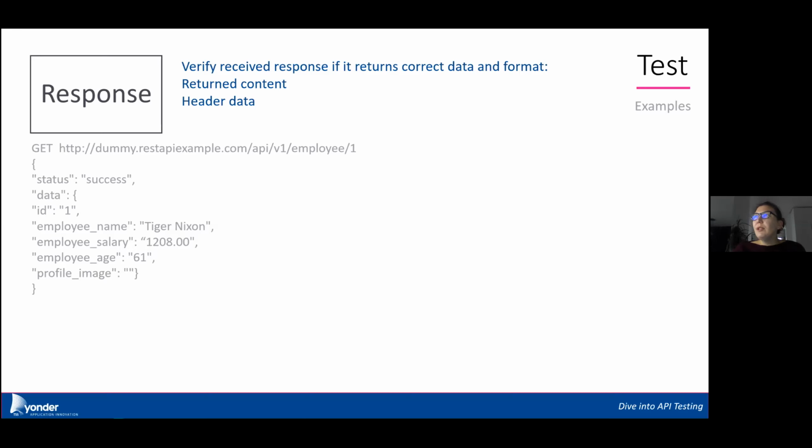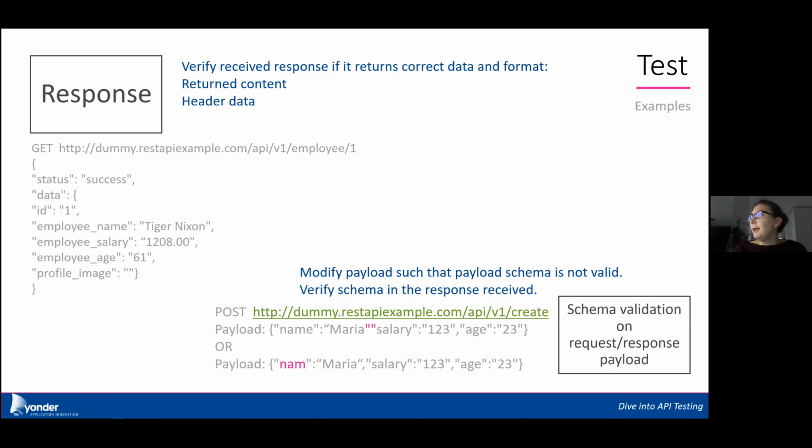So for example, if we have this request for the JSON part, and we have this response from the server, then we are going to check if we have the status with value success, we have the employee name, Tiger, we have the salary for Tiger, and we have the correct age taken from the database. That's one of the checks that we can do for the response part.